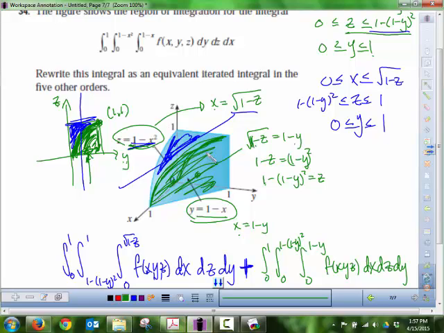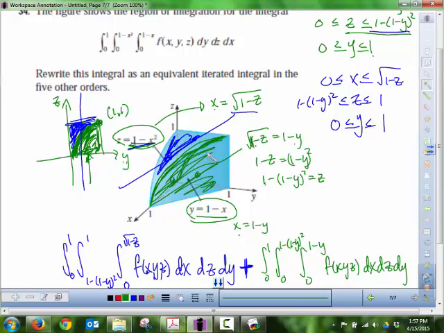Well, that was a bummer. Okay, so there are times when it would be good to integrate with respect to one first versus the other. This would be a time where we don't want to integrate with respect to x first. All right, so we just have to watch out for those things.